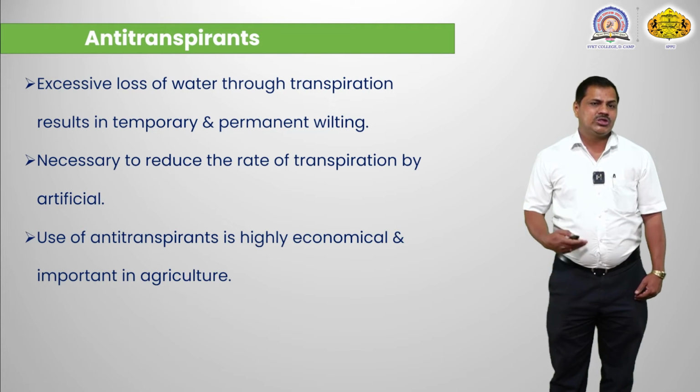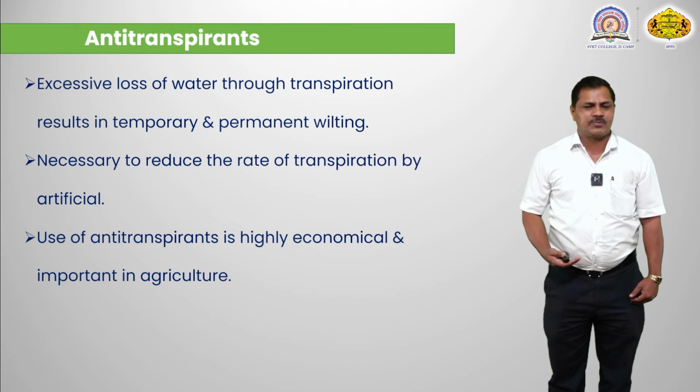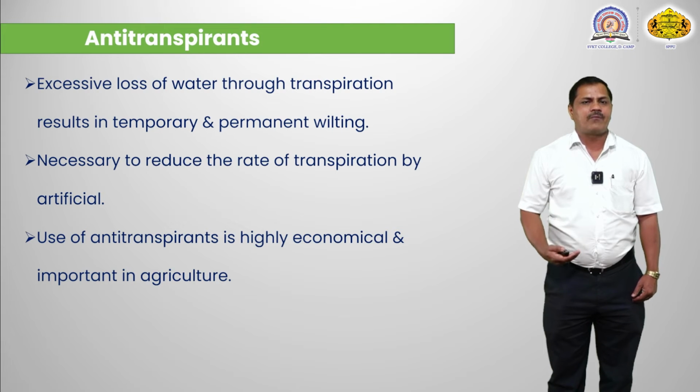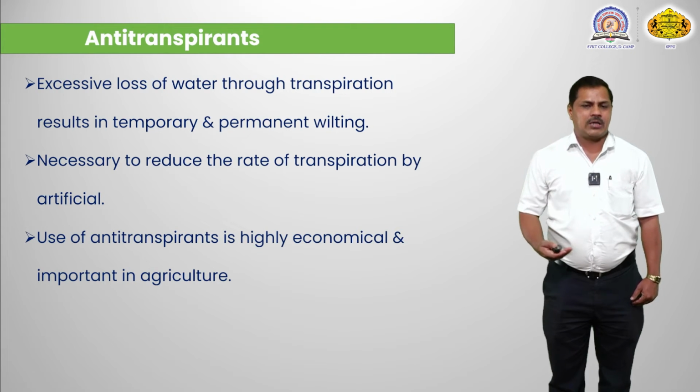At that location, certain plants are modified, and certain plants can use chemicals or anti-transpirants and survive for 1 to 2 months, even completing their life cycle. So these anti-transpirant substances are very essential.